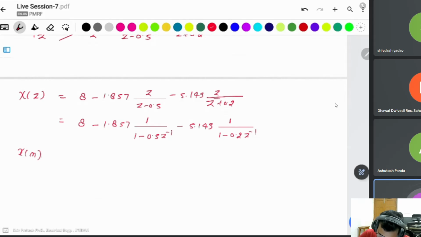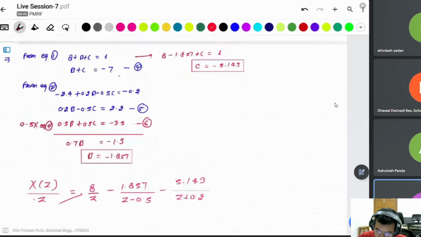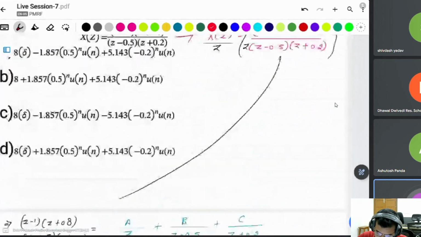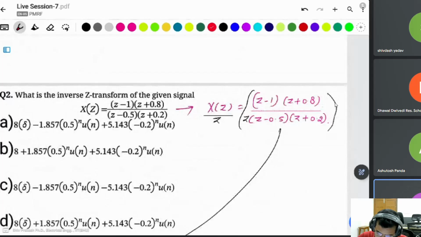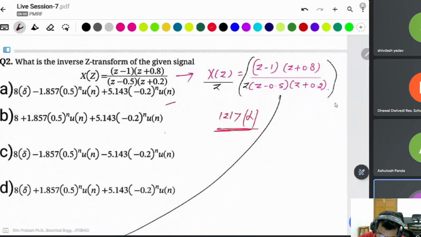Then what is the inverse z transform of this one? The question does not mention the ROC. In this case we have to choose the outside of the ROC, or greater than. All of the options are given like that also.